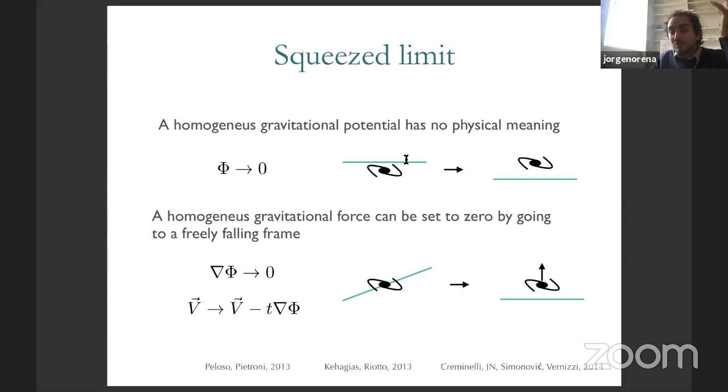It cannot be induced by nonlinearities, because Newtonianly you're basically blind to it. No short-scale process can induce it, because you have no way of generating some absolute value of the gravitational potential. You can only generate second derivatives of the gravitational potential.